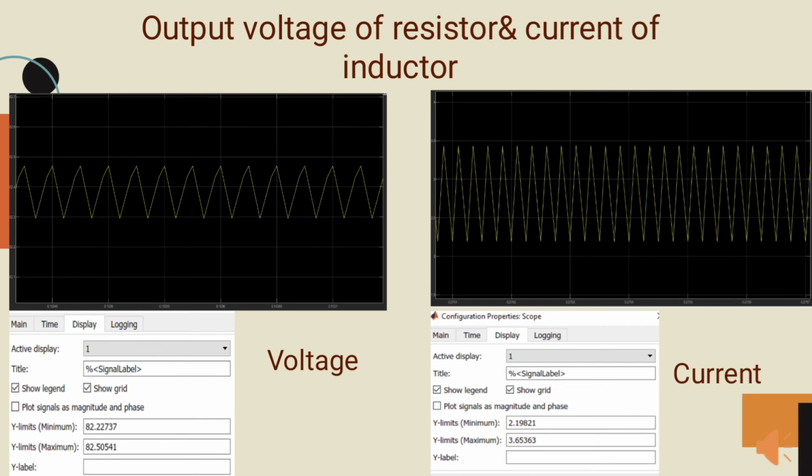We get the maximum output voltage of 82.50 and minimum of 82.22. For the inductor current, the minimum is 2.198 and the maximum is 3.653.